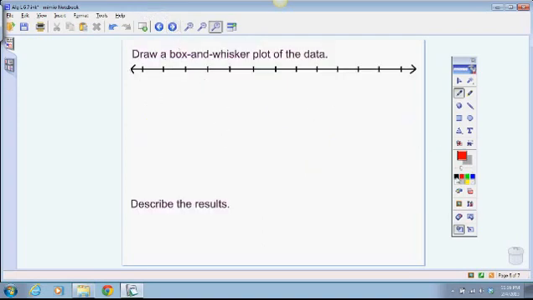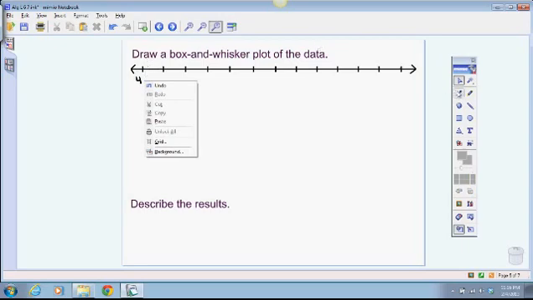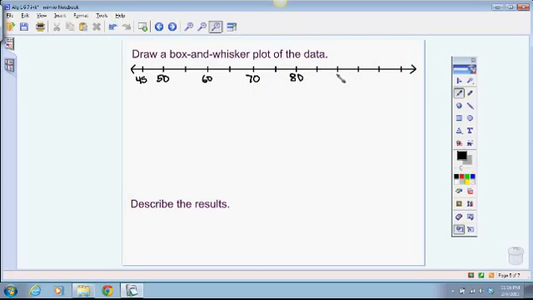So remember, when we draw our box and whisker plot, we need a number line. And maybe I'll say this is 45. This is 50, I'll go by 5s. 55, 60, 65, 70, 80, 90, and 100. Okay, so let's plot our points underneath our number line.